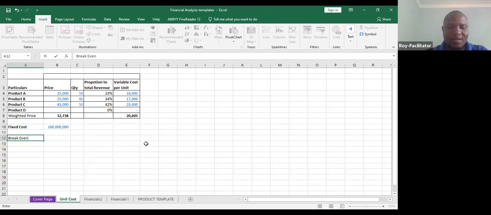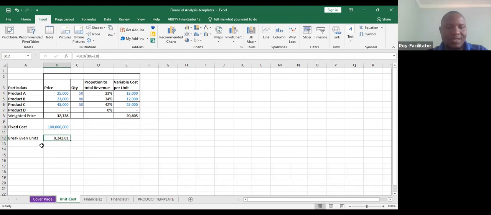Break even units. You can assume it can be kilos or liters depending on what they do. That break even will be equal to this divided by price minus the variable cost, and that will give you that.